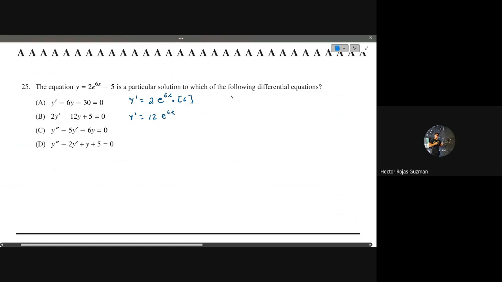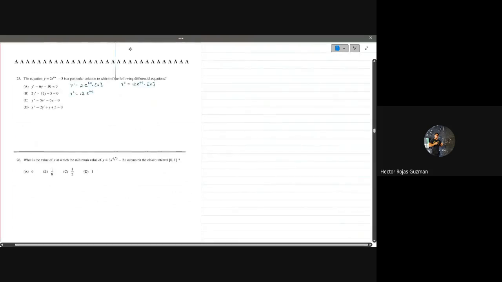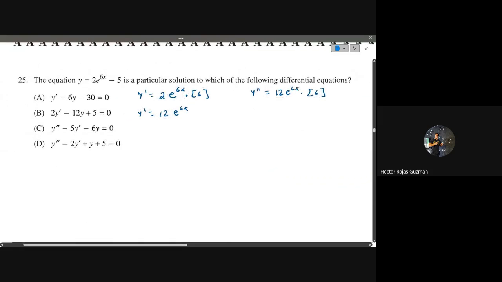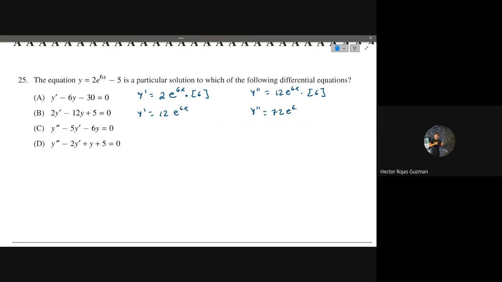The second derivative is 12e to the 6x times 6, and this simplifies to 72e to the 6x.